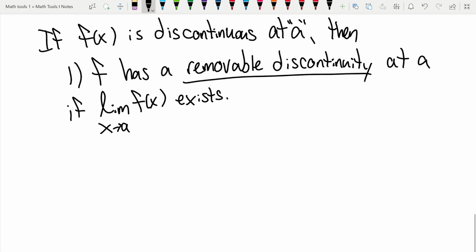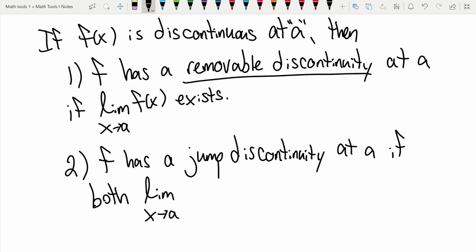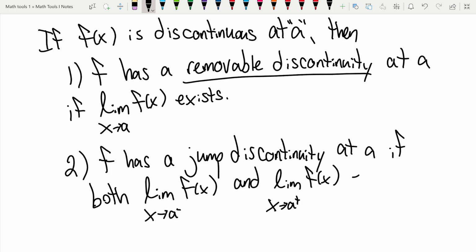Okay, so the second type, f has a jump discontinuity at a if both the limit as x approaches a from the left of f of x and the limit as x approaches a from the right of f of x exist, but are not equal.